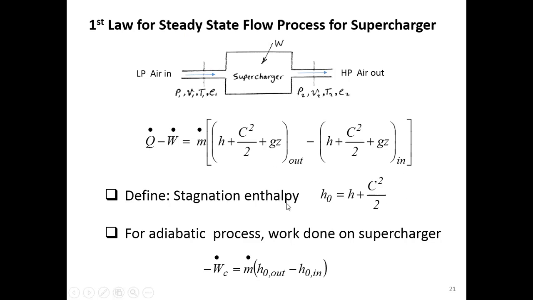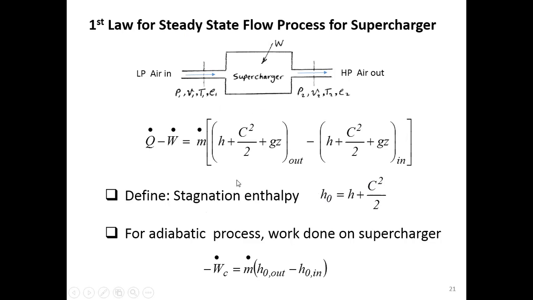We define it by this h with subscript 0 here. This stagnation enthalpy is the enthalpy plus the kinetic energy per unit mass.